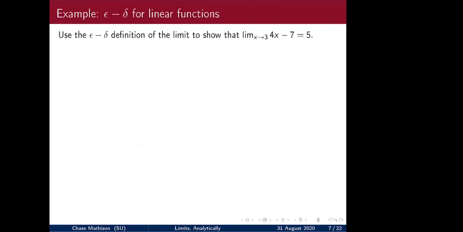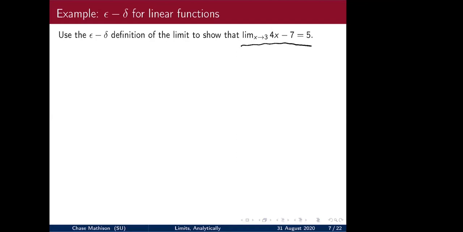So to see the case where delta does depend on epsilon, let's look at this example. Use the epsilon delta definition of the limit to show that the limit as x approaches 3 of 4x minus 7 is equal to 5. We don't take delta ever to be 0, by the way. Delta is always strictly positive, and epsilon is also always strictly positive.